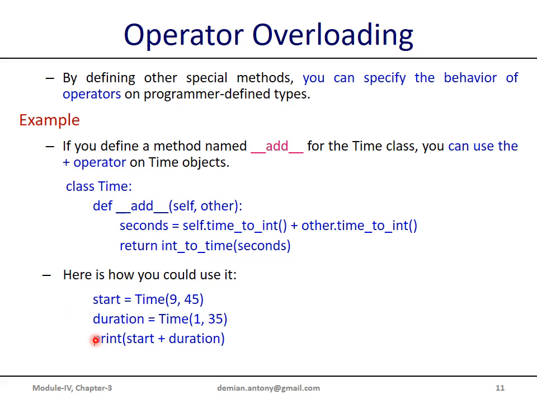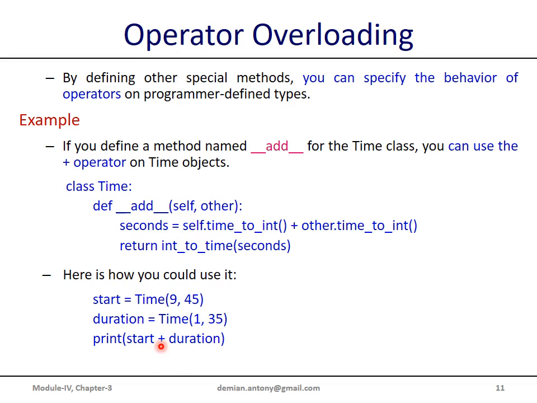And this is how we can call this add method. We create an object start, then we create another object duration, and now we can use a plus operator to add 2 objects, print start plus duration.